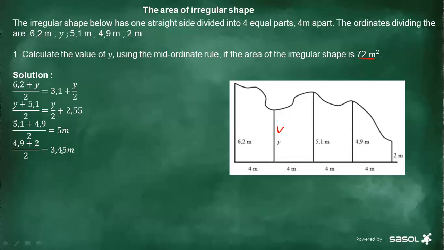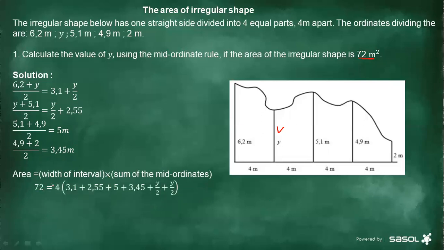That is the last mid-ordinate. And then from there, we write the formula. We substitute the values: the area is 72, the width interval is 4, and then you add all the mid-ordinates. After adding, you can see half plus half gives us y. And then we divide both sides by 4, then 72 over 4 gives us 18.